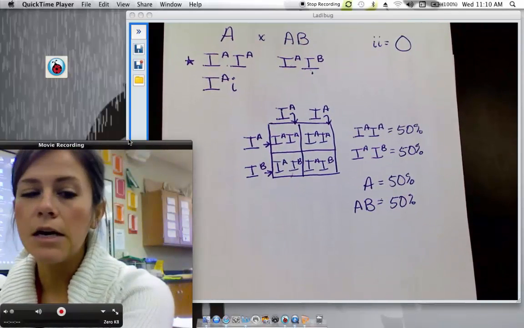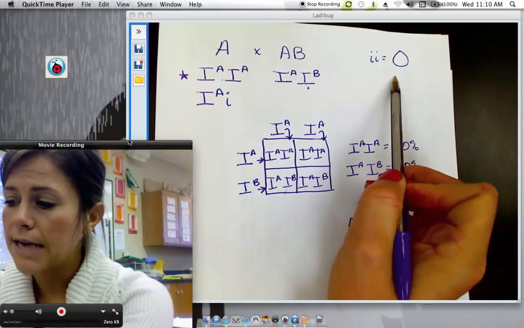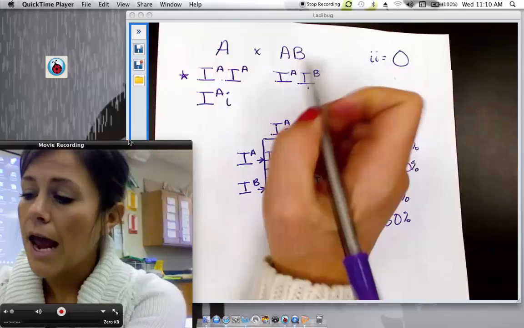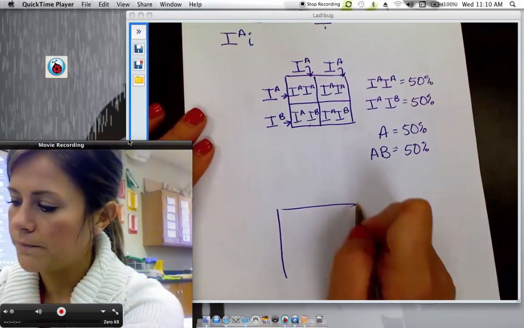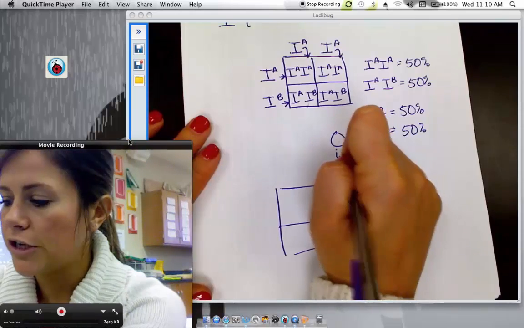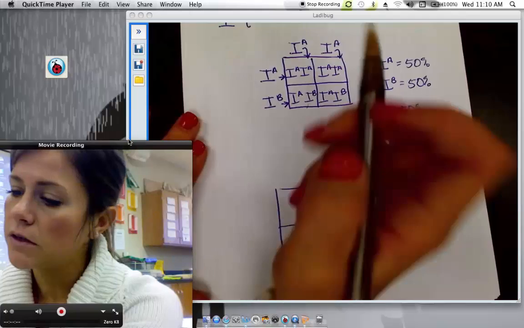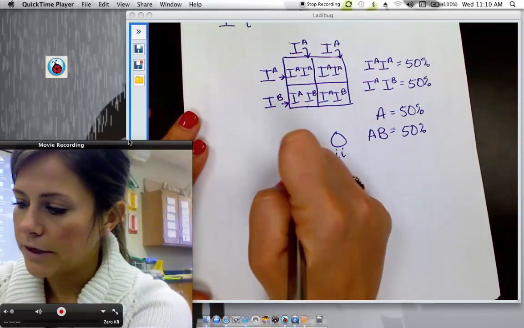All right, so let's now cross someone that is an O individual with, let's say, an AB individual. So we'll look at our Punnett square. Again, their genotype is the recessive I's for the O individual, with our AB individual, and we have this here.